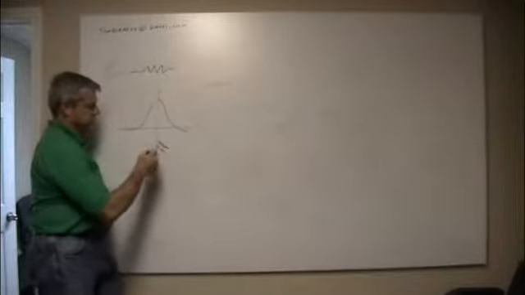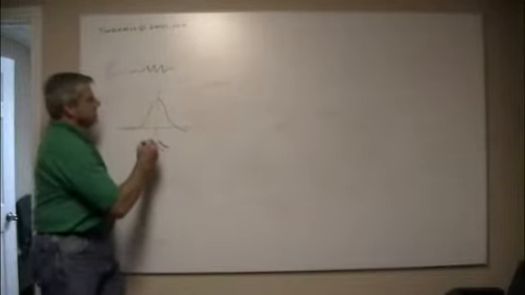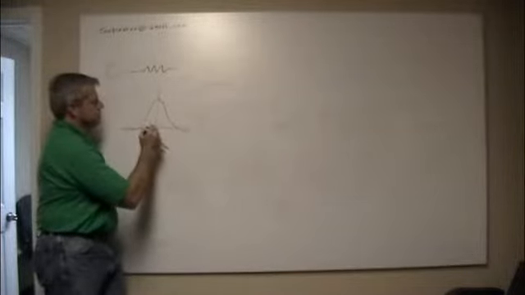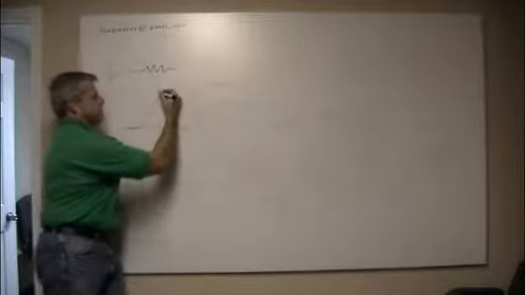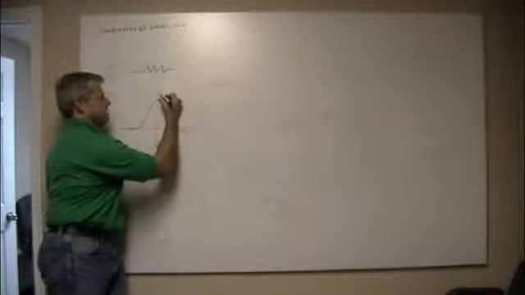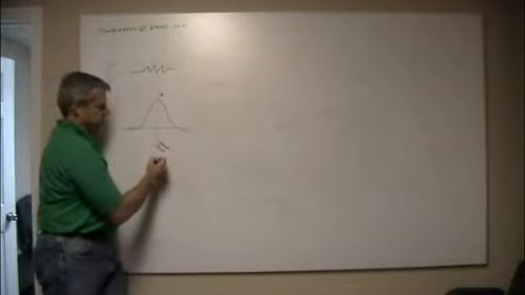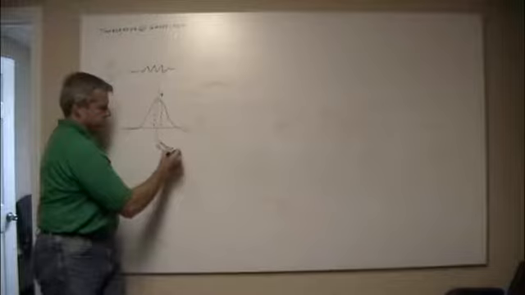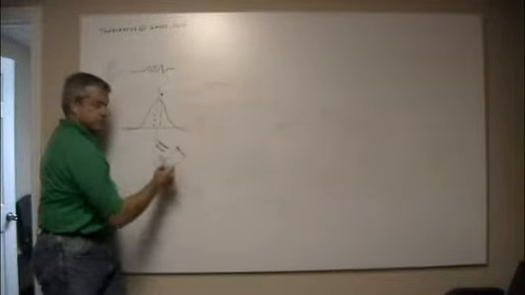There's some probability that they're going to be within 1% tolerance. If we use 100 ohms, 1% tolerance would be 99 to 101 ohms.